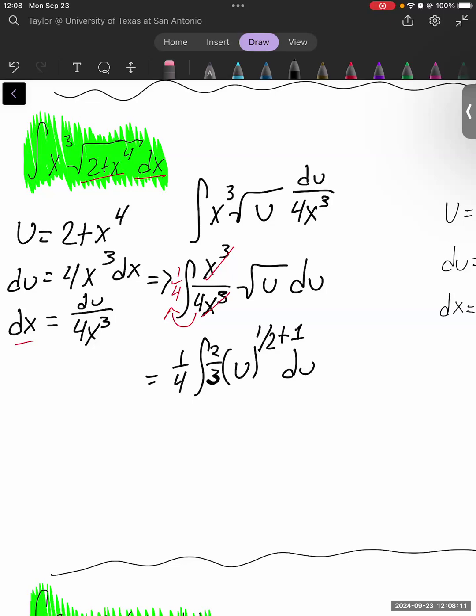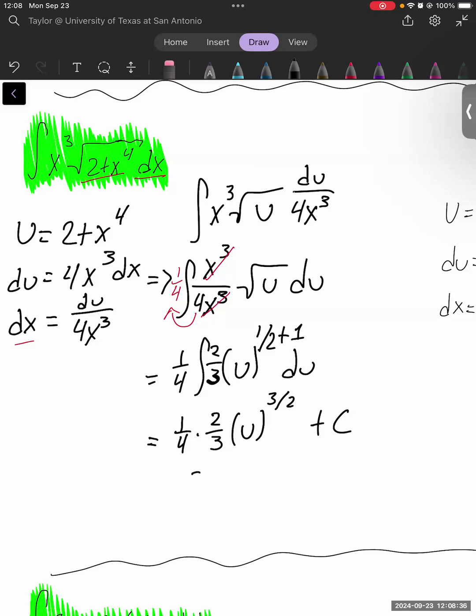So then now rewriting my integral here, I get 1/4 times 2/3 u to the 3/2 plus c. And then we've got 2 more steps to finish this up. What would be the first step we do? Well, we can combine the fractions. Cool.